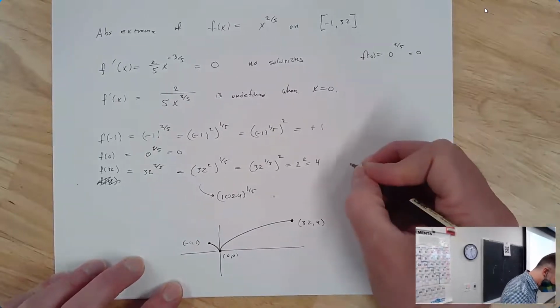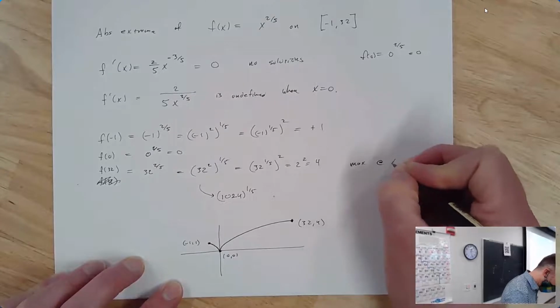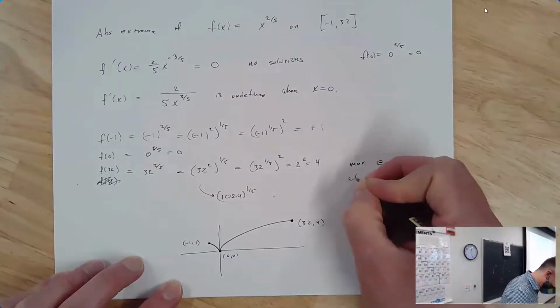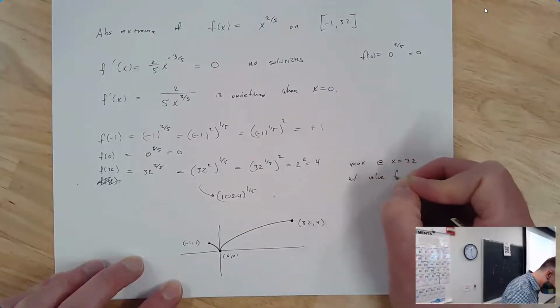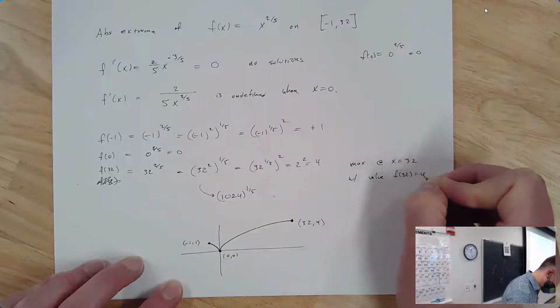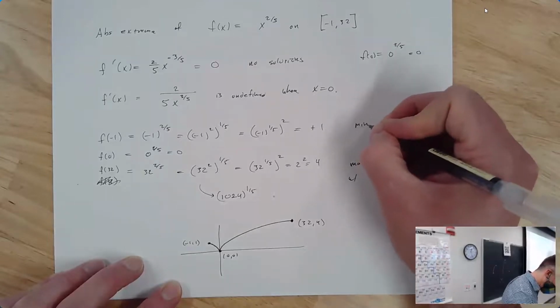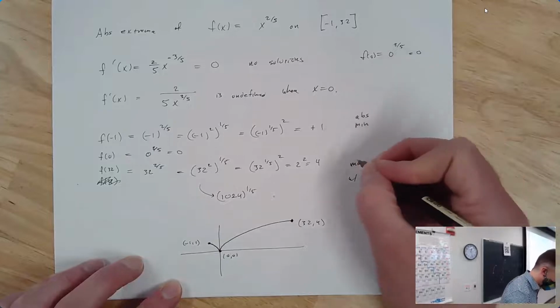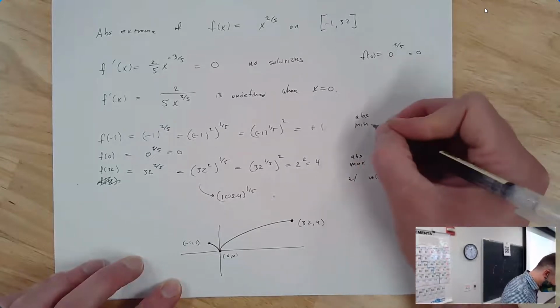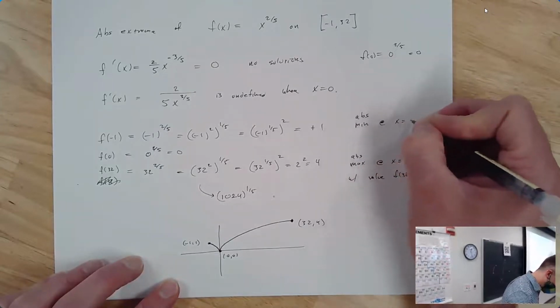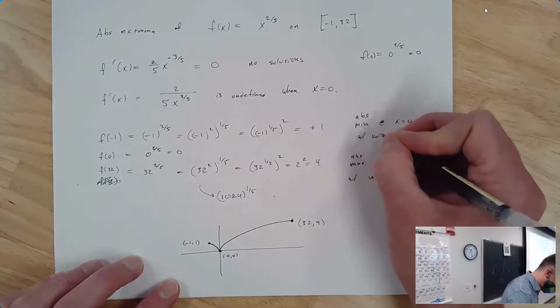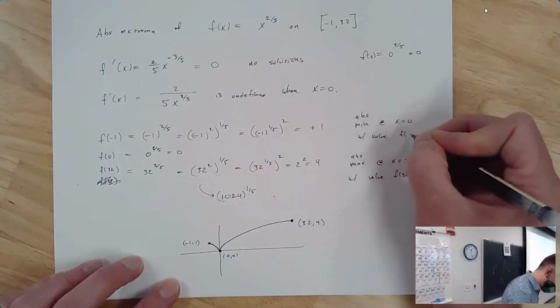We have a maximum at x equals 32 with a value f of 32 equal to 4. We have an absolute minimum at x equal to 0 with a value of f of 0 equal to 0.